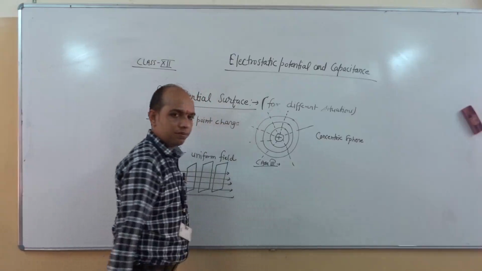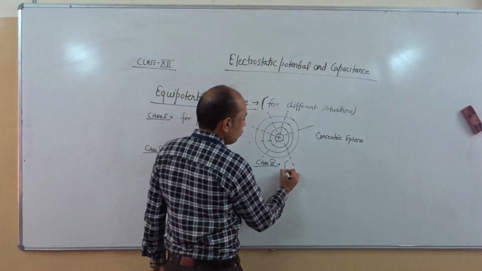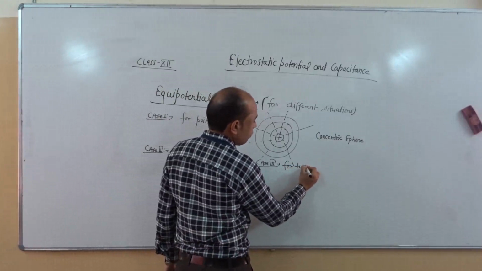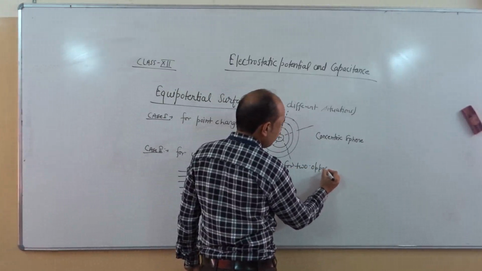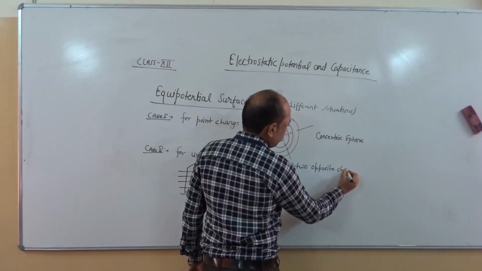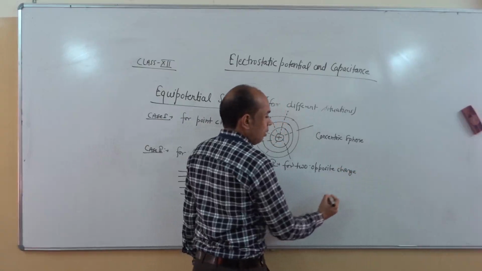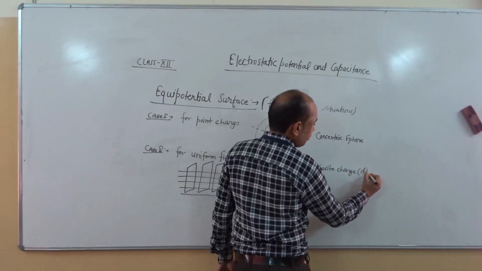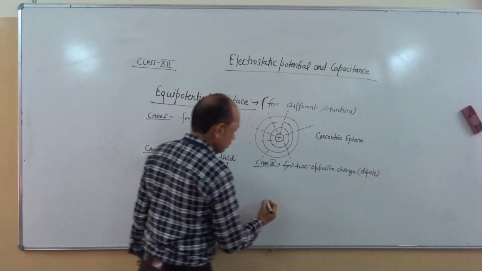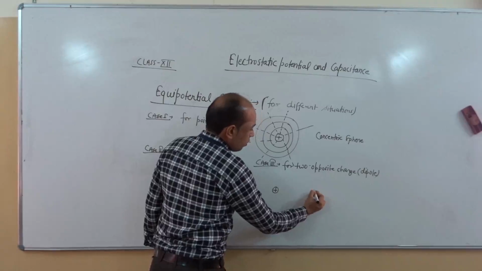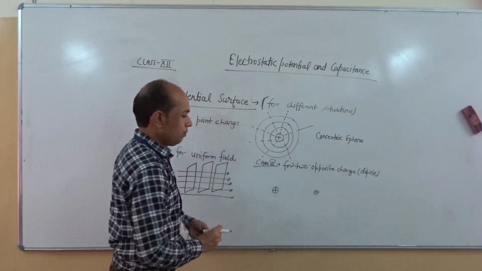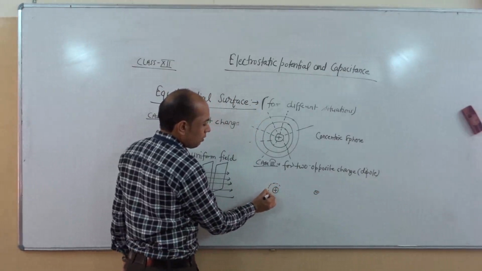Similarly, for case third, for two opposite charges, that is called a dipole. As we know, for a point charge it is concentric spheres.